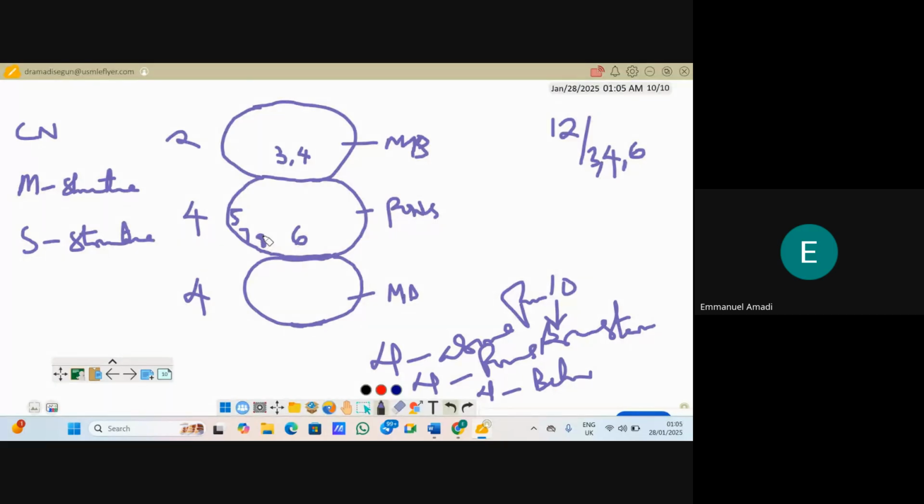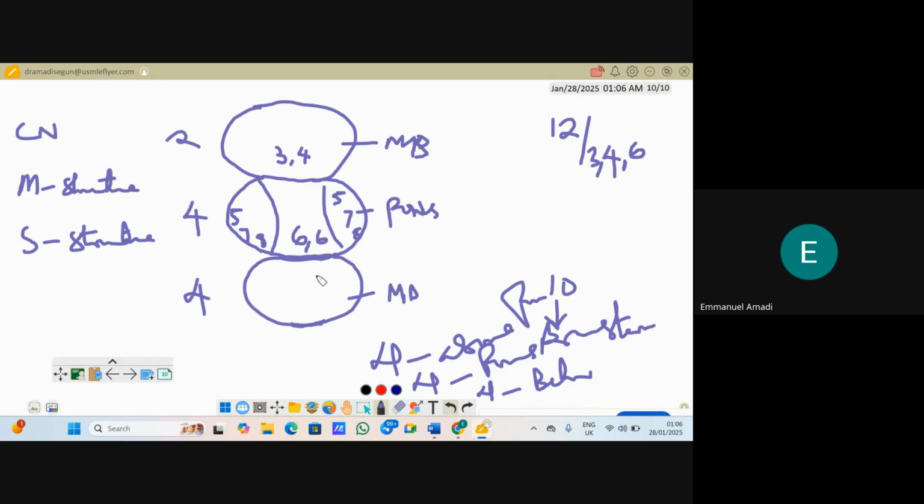You see how they are on the side? This is the lateral pons, and 6 is occupying the middle pons, because it can divide 12 without a remnant.